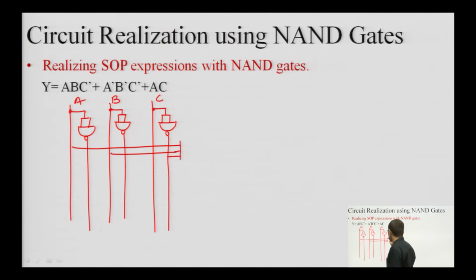All these have to be multiplied, but instead of using an AND gate for the product, I am using a NAND gate. Then again A bar, B bar, C bar: this is my A bar, this is B bar and this is C bar. Again I am using a NAND gate. And the third product is AC. So, this is my A and this is C.